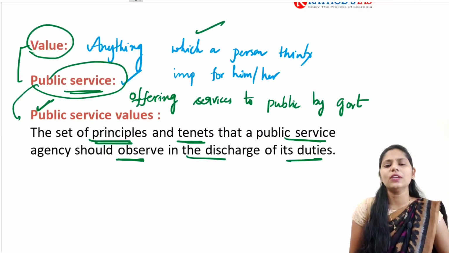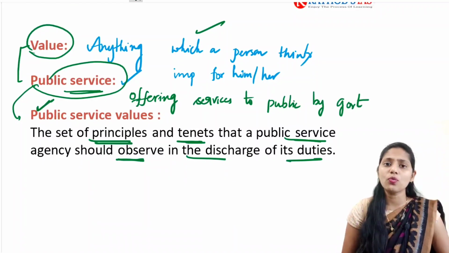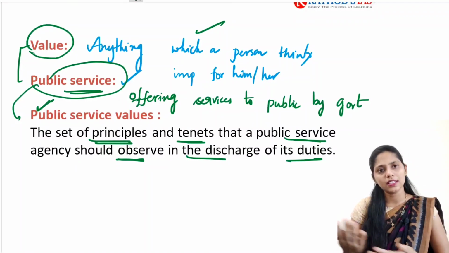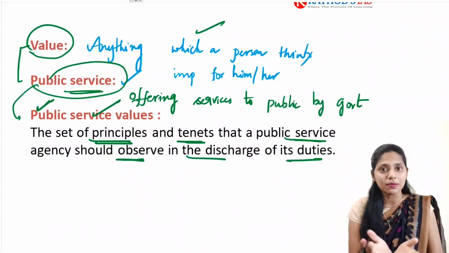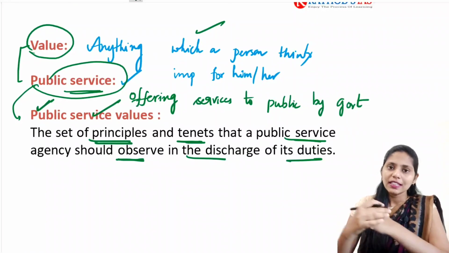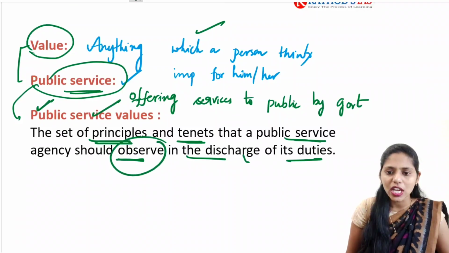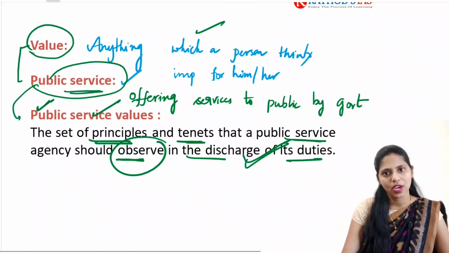Value means anything which a person thinks is important for him or her, and public service means offering services to the public, by the government. So public service values are a set of principles and tenets that a public service agency should observe in the discharge of its duties. This is the definition of public service values.